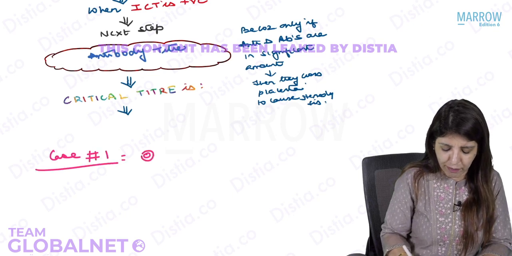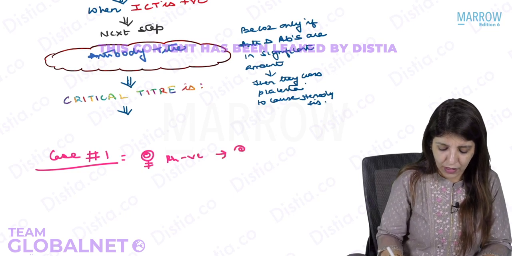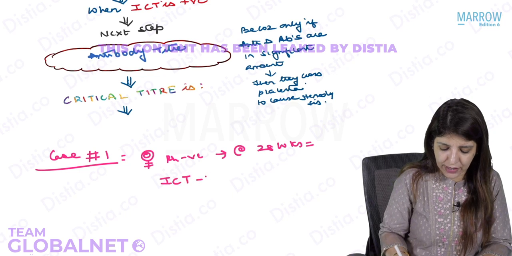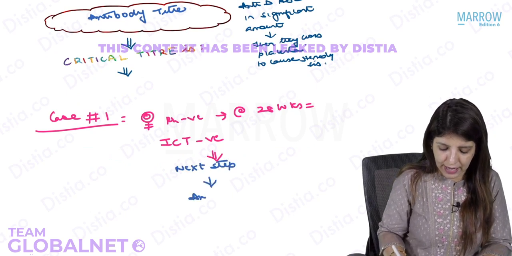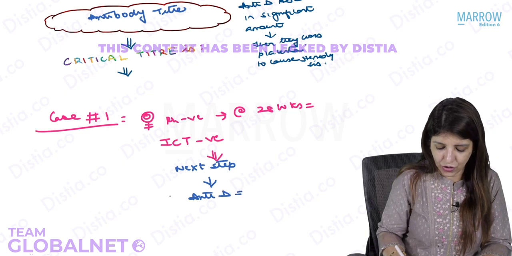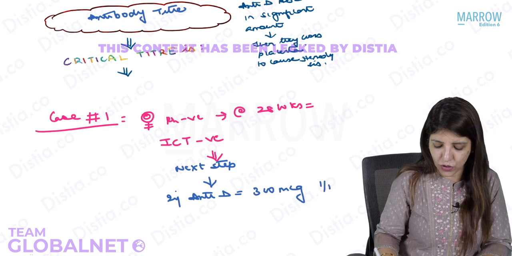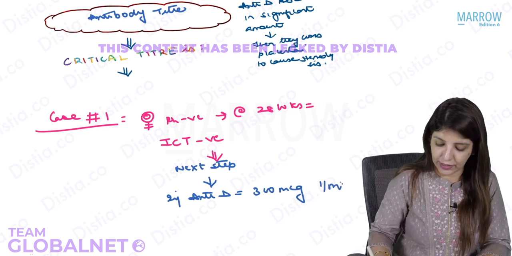Case 1 is a pregnant Rh negative female. At 28 weeks, indirect Coombs test is negative. What is the next step? Yes, if indirect Coombs test is negative, next step is anti-D. Injection anti-D, 300 micrograms, which you have to give intramuscularly.